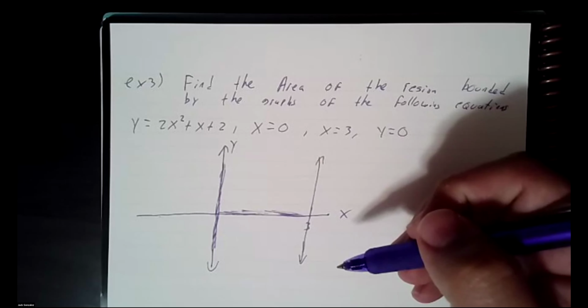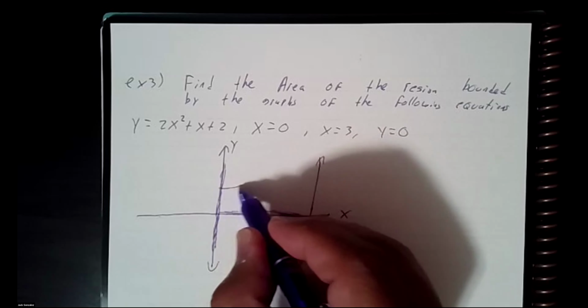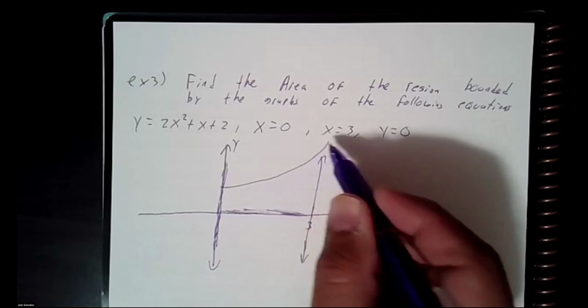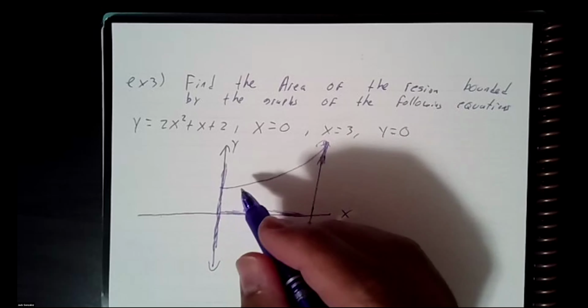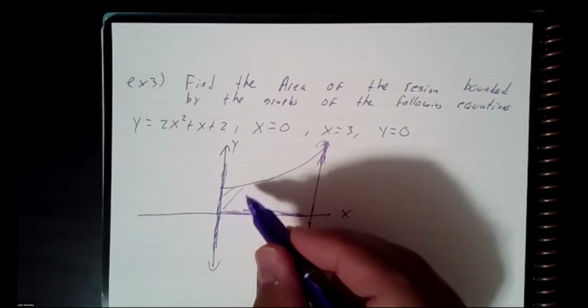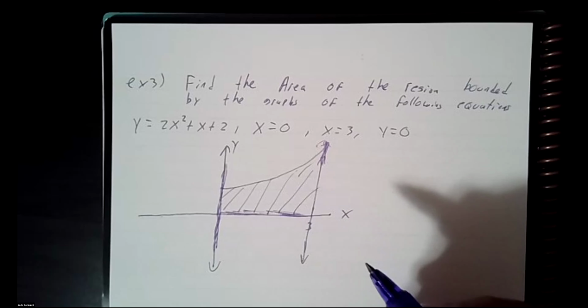And then we have the parabola, right? The parabola is going to be something like this, going upward. So we have this section that's being enclosed by all these pieces.